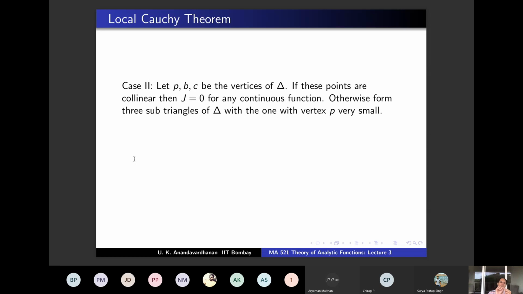So you form a small triangle PXY, and the remaining part, which has four sides, you cut into two triangles. So you have three sub-triangles, and on the full triangle, the integral will be the sum of the integrals on the three sub-triangles.